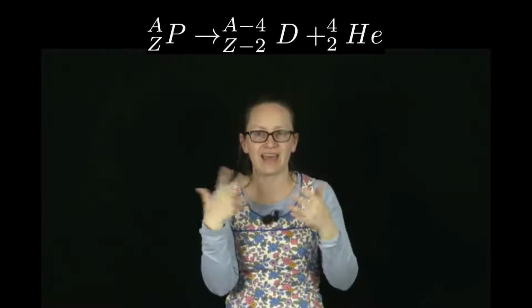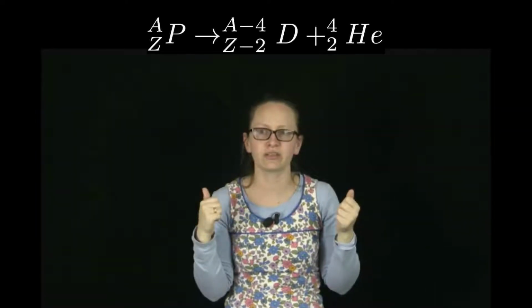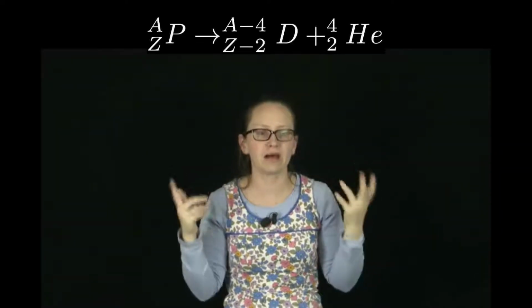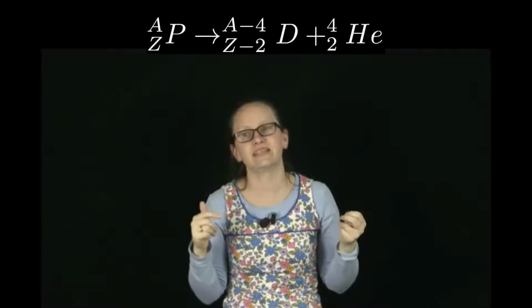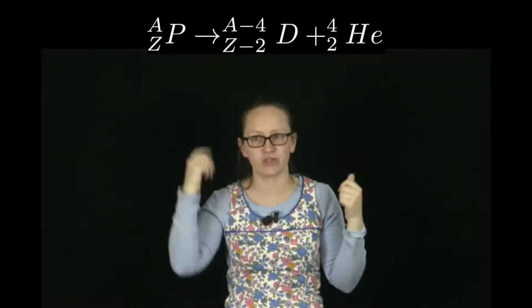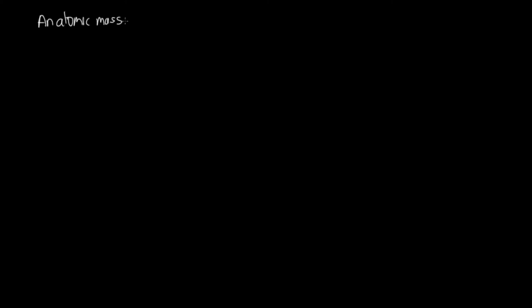Now let's have a look at the mass energy conservation to work out how much energy is released in the decay of uranium-238 to thorium-234. So the problem is an atomic mass unit u is 1.6605 times 10 to the minus 27 kilograms.